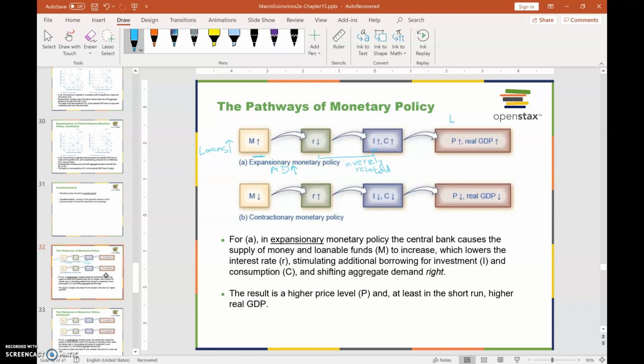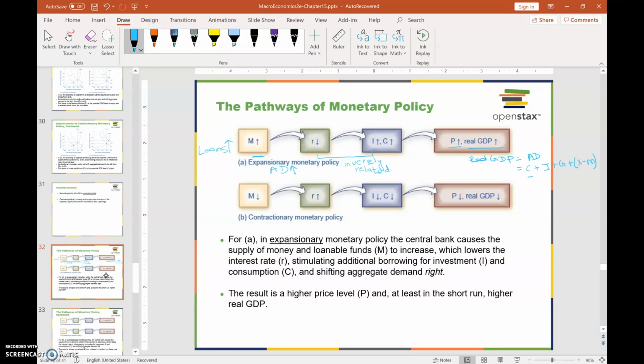So the final effects: the price increases and the real gross domestic product increases as well, because the real gross domestic product is also equal to aggregate demand, which is equal to consumption, investment, government expenses, and exports minus imports. So as consumption and investment increased, the real GDP went up.